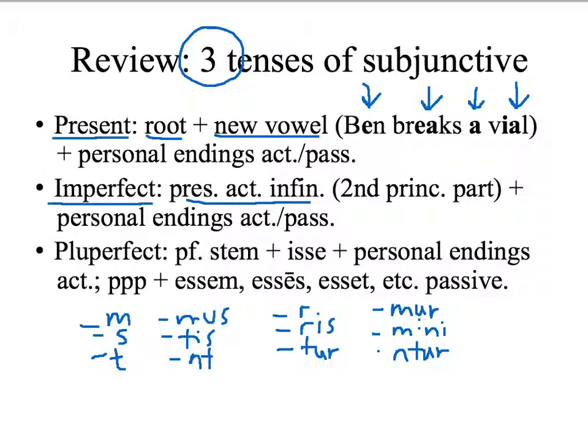The pluperfect subjunctive: perfect stem plus isse plus the personal endings again for the active. In the passive, however, we're looking for the PPP plus a form of sum as a separate word. So this is a 2-word tense form. The imperfect subjunctive of sum, which is essem, esses, esset, essemus, essetis, essent.